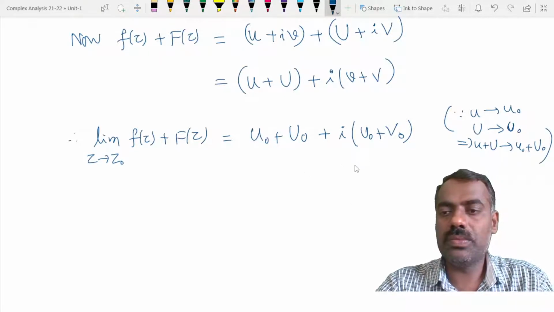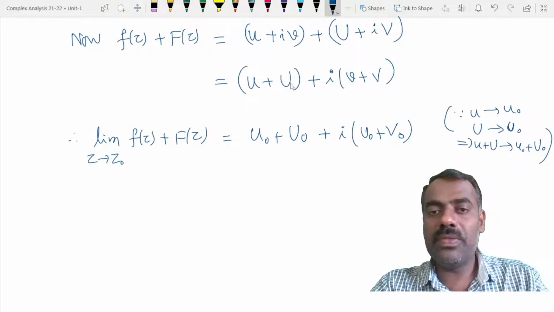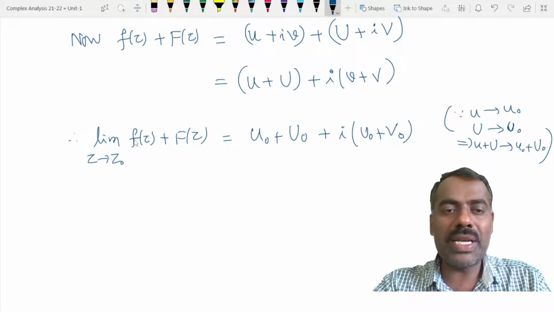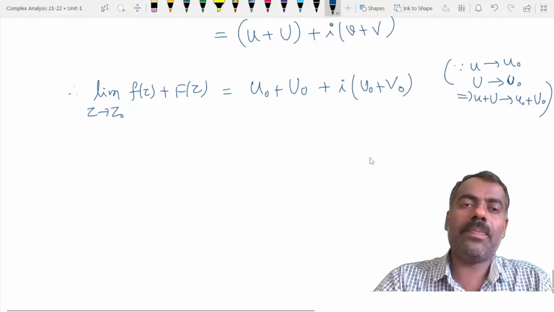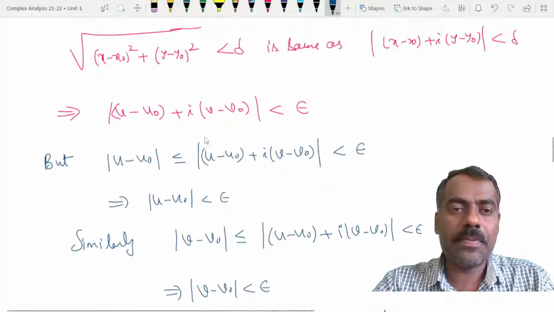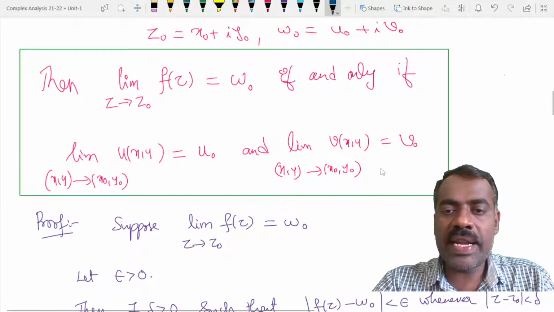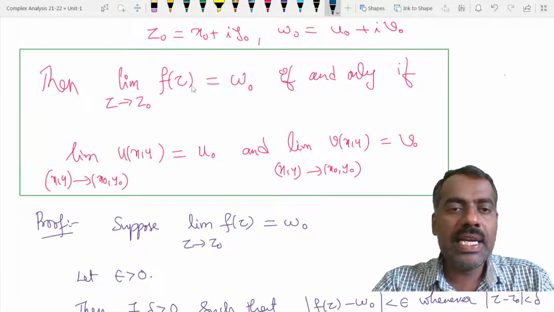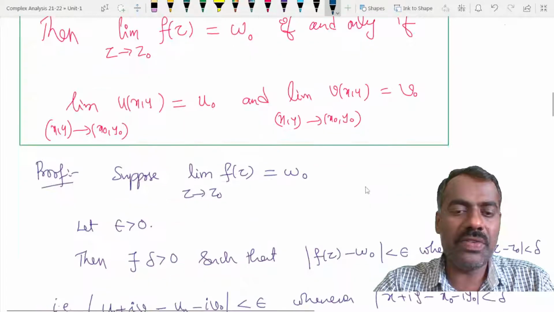Similarly, v plus capital V tends to its limit. So the real part and the imaginary part both tend to their limits, and therefore the limit is the complex number formed from them. That means we are using the converse of this result: whenever the limit of u is u naught and the limit of v is v naught, then the limit of f of z is w naught, which is u naught plus I times v naught. Is this clear?